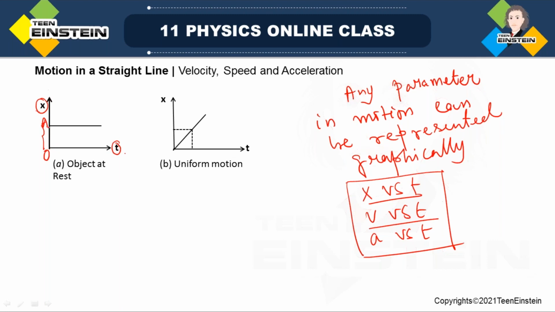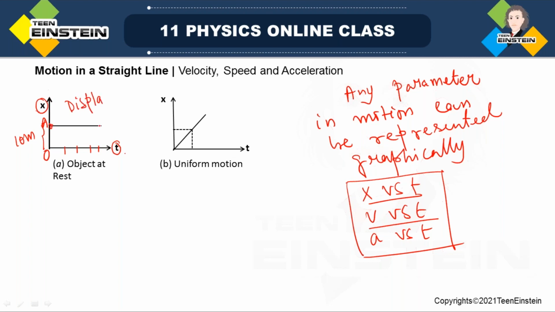The object is initially at OA distance. Suppose this is 10 meter. Now as you are spending time, or as your time is increasing, the displacement or the position of the object is not changing, or the displacement is not there. So here displacement is 0.